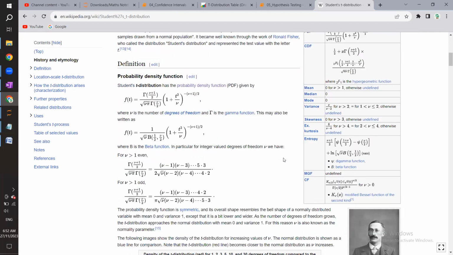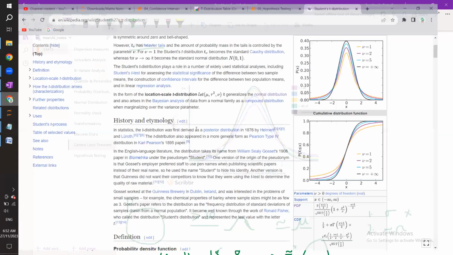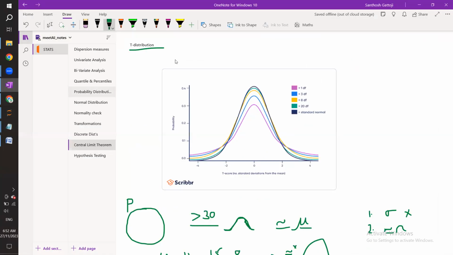It's actually Student's t-distribution, but generally in normal sense we just call it the t-distribution. Now if you see, for a t-distribution, guys, there is one more parameter that is introduced. It's called degrees of freedom, DOF, or simply DF.